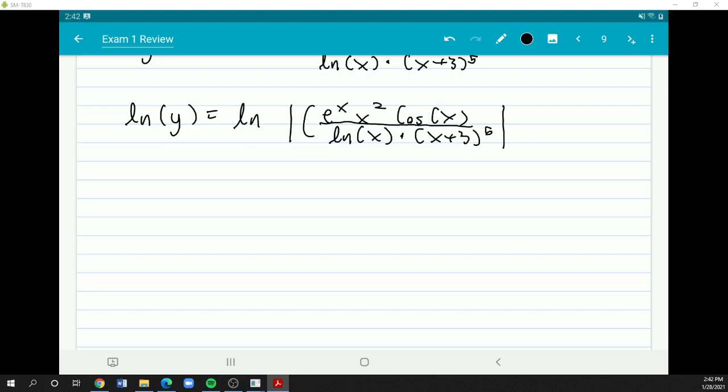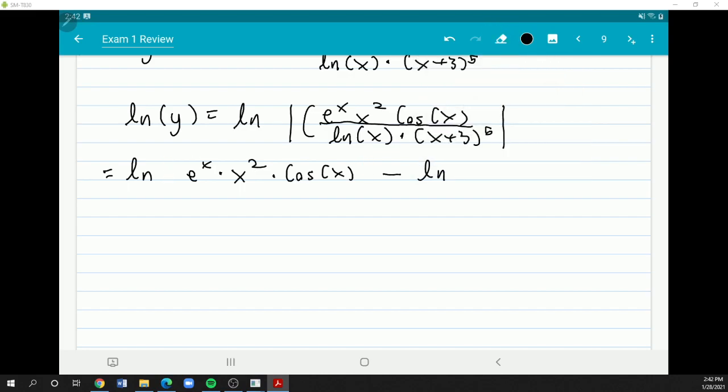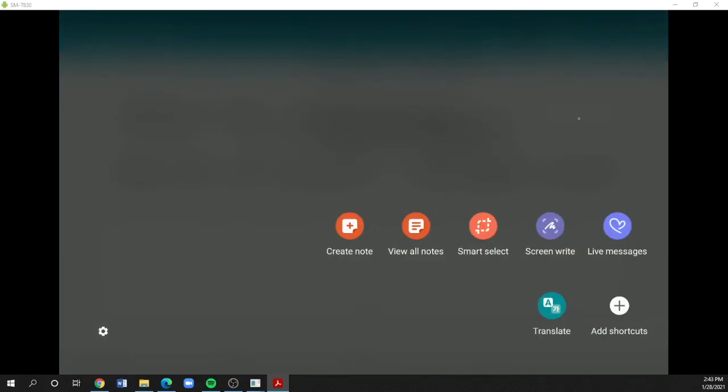Okay. And now I can use my log rules. So now this is log absolute value of e to the x times x squared times cosine of x, minus natural log absolute value of x times x plus 3 to the 5th.